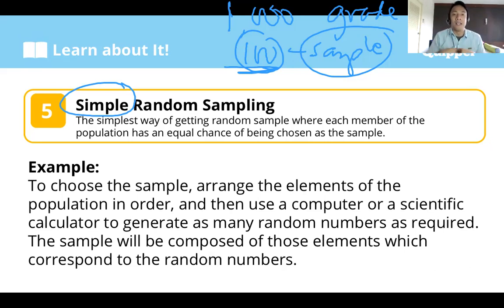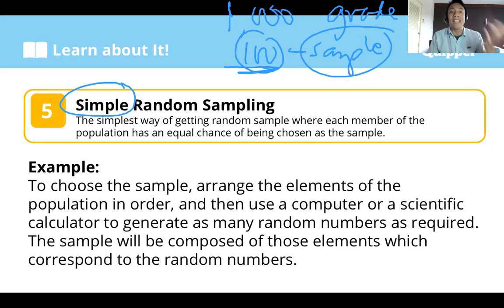Okay? Or sa number generator, meron din tayong number generator wheel. So yung number nandun lahat sa wheel, for example, 1 to 1,000 nakalagay dyan. And then, you will just spin, and then spin for 100 times para makuha mo kung ano yung mga gagamitin mong samples.